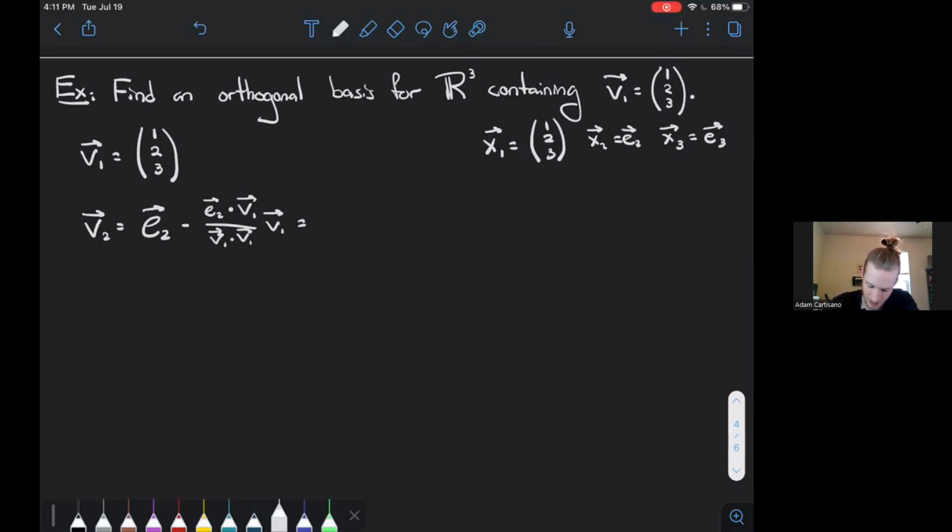Okay, so this is (0, 1, 0) minus e2 dot v1, that's just 2, just dot v1 and e2. v1 dot v1 is 1 plus 4 plus 9, which is 14, times v1.